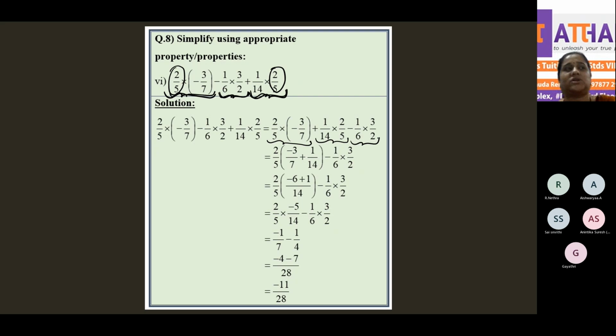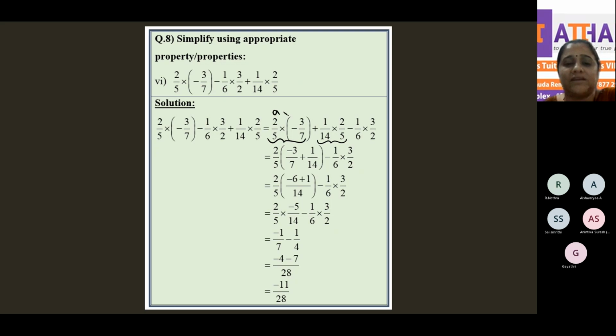Is the first step understood, children? Yes, ma'am. Okay. All right. Now we use the distributive property for the first 2 because only they have something in common, right? Only these 2 have 2 by 5 in common.